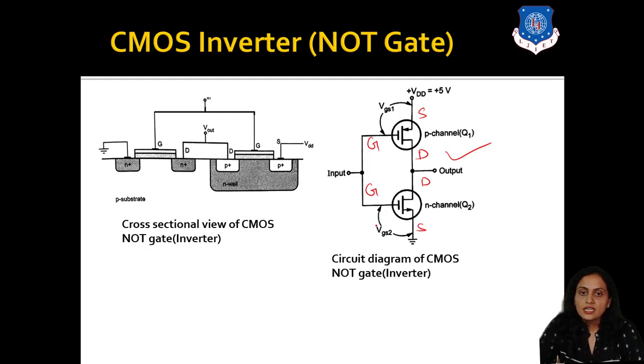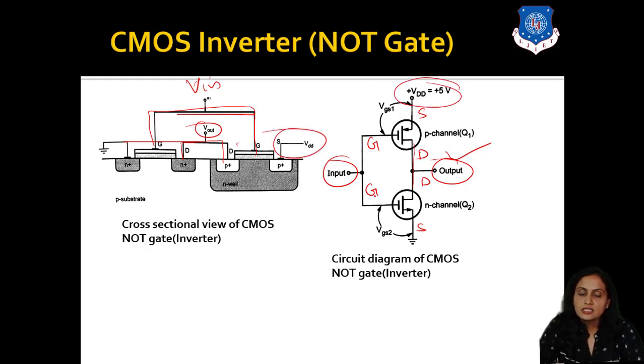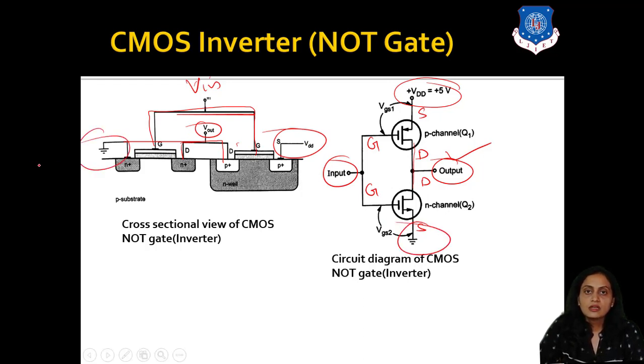Both the gates are shorted, and here we are applying the input. Both the drains are shorted, and here we are taking the output. The source of the P channel is connected to VDD, and the source of the N channel is connected to ground. So this forms the CMOS inverter circuit or NOT gate logic circuit.